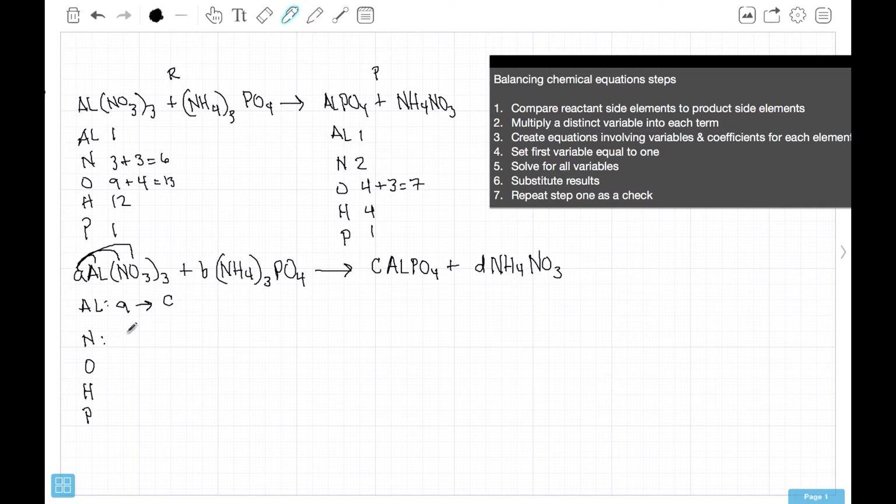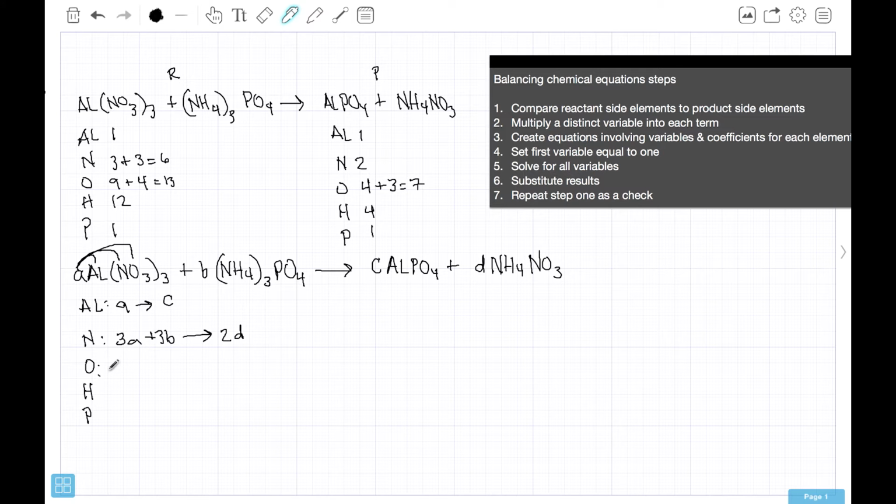For nitrogen, we have A multiplying into nitrogen 3 times, plus B multiplying into nitrogen 3 times. Then on the other side, we have D multiplying into nitrogen twice.